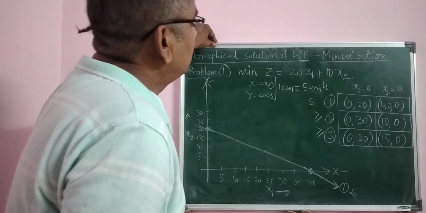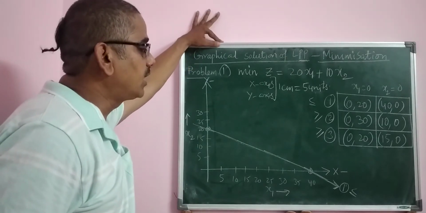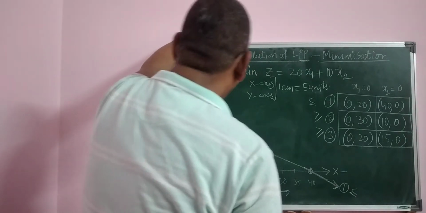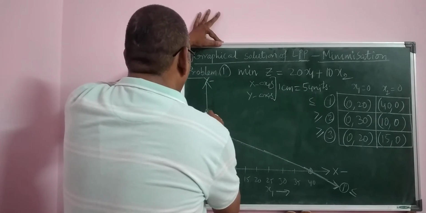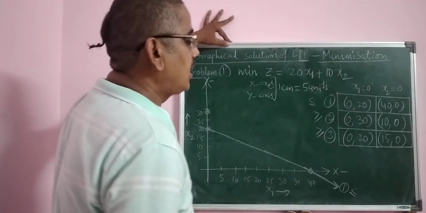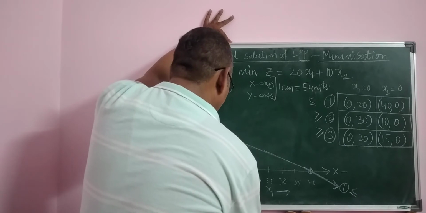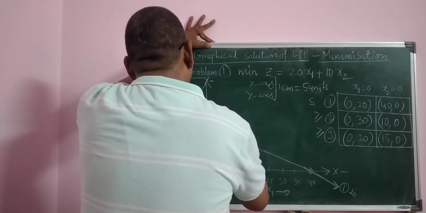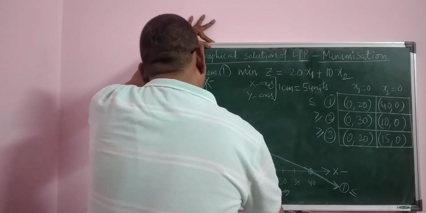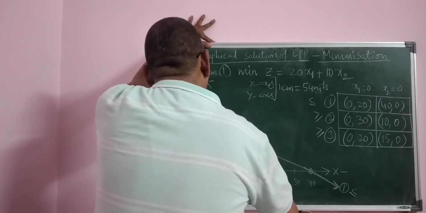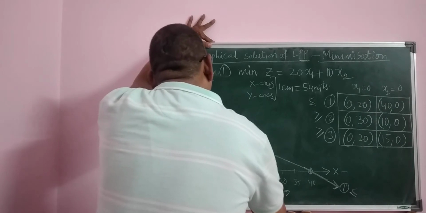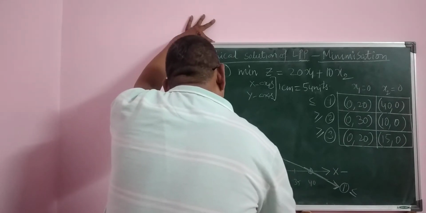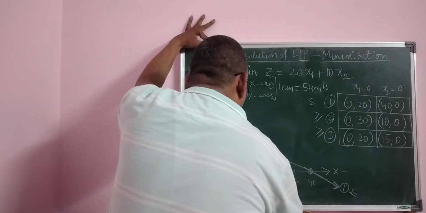Then take the 2 points of the second equation: 0, 30, that is this, and 10, 0, that is this. Join the points and you will get a straight line. Roughly I am drawing here.